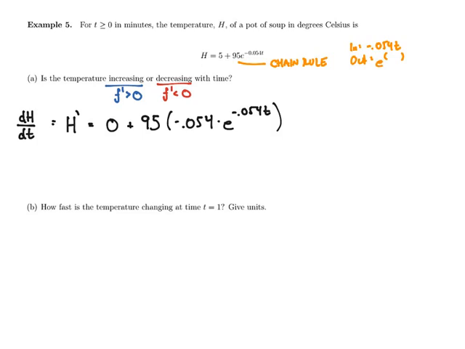We're going to leave the inside the same, and the derivative of negative 0.054 t is negative 0.054. So rewriting this, this is going to be the negative 0.054 times 95 e to the negative 0.054 t.